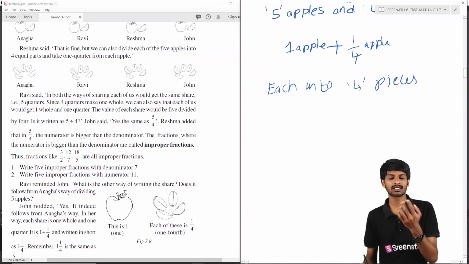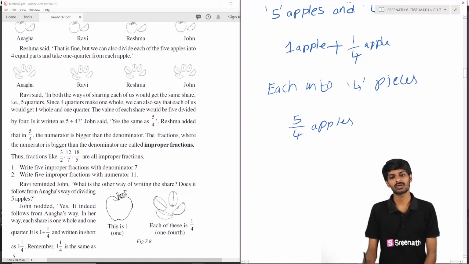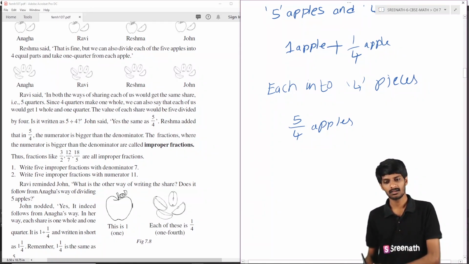Like that the 5 apples are divided, and how much is each one getting? Each one is getting 5/4 of an apple. Okay, students, 5/4, each one is getting 5 pieces. There are 4 apples' worth of pieces, out of which they are taking 5 pieces.